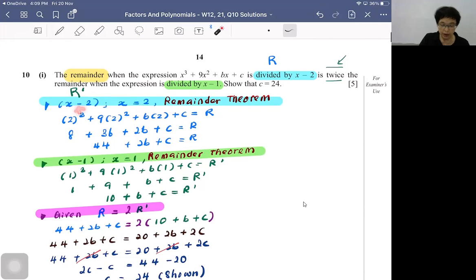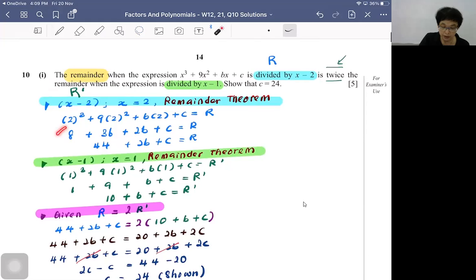The divisor having minus 2 and the x value will always have plus 2. So you will notice the sign will always change. Now you take x equals 2 and substitute it into all the x positions respectively. That's what we have done here.